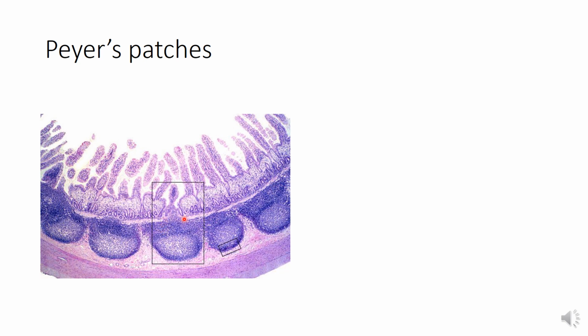So this is one lymphoid follicle, and the Peyer's patches may contain more than 50 lymphoid follicles. The mucosal surface over the Peyer's patches is usually smooth, and so here you can see the Peyer's patches, the aggregates of lymphoid tissues.